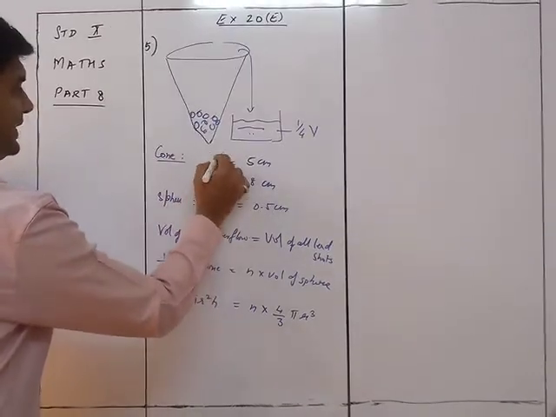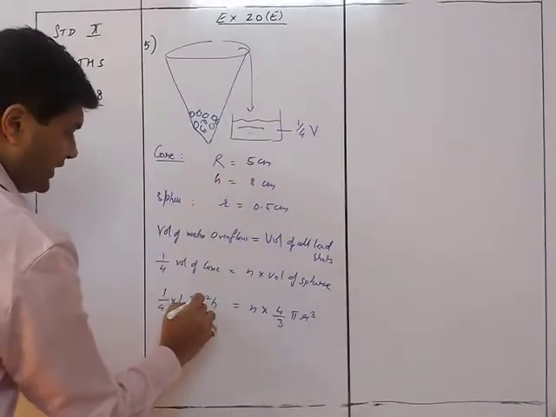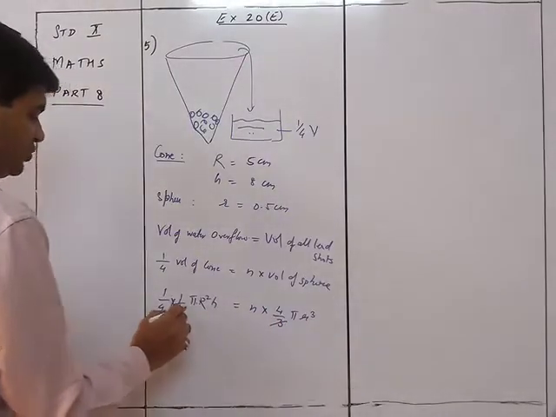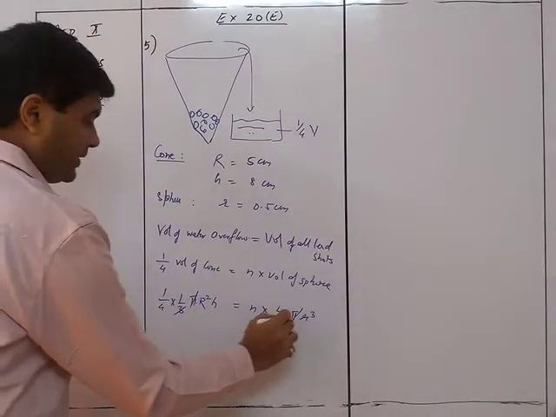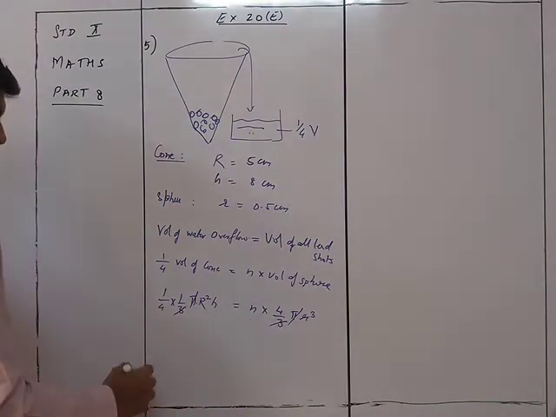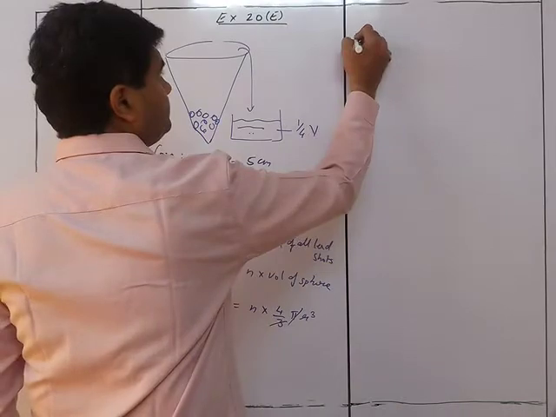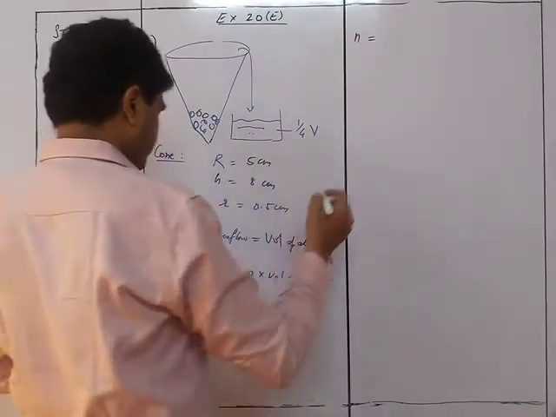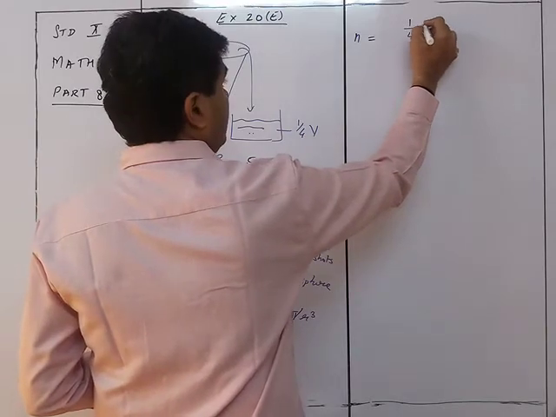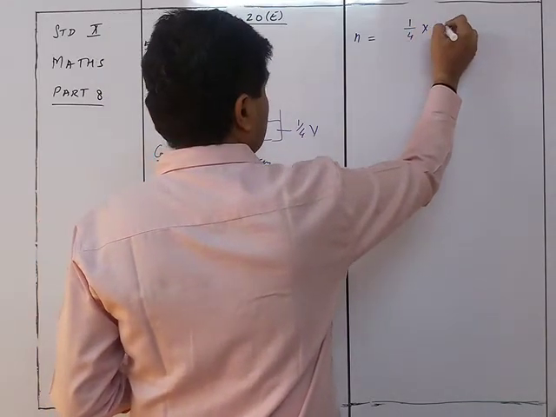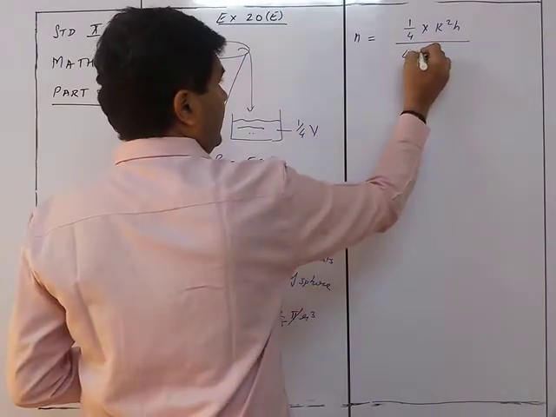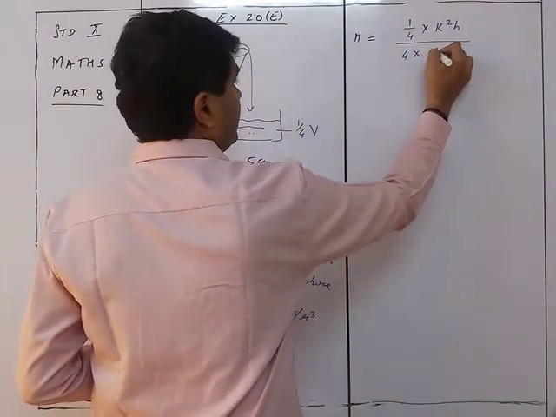We'll take the cone's radius as capital R for understanding. The 3 is going to get cancelled, the pi is going to get cancelled. We want to find n. So n is equal to 1/4 into R square h upon 4 into r cube.